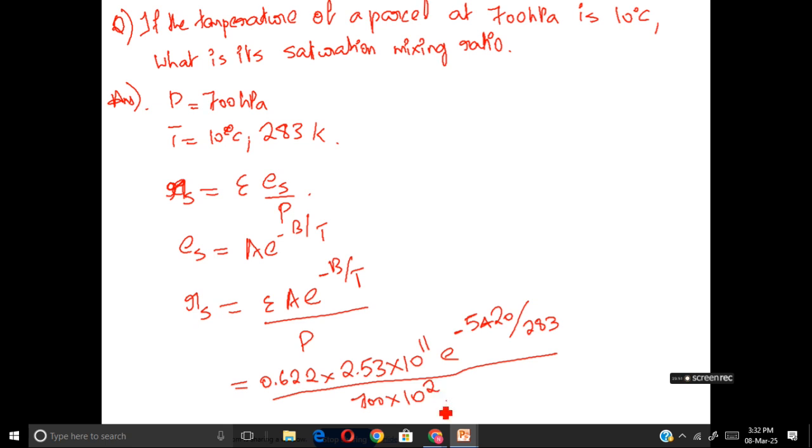Can you tell me how much is the saturation mixing ratio? What will be the saturation mixing ratio of the parcel? How much water vapor should be there in the parcel for it to become saturated at a temperature of 10 degrees Celsius and at a pressure level of 700 hectopascal?